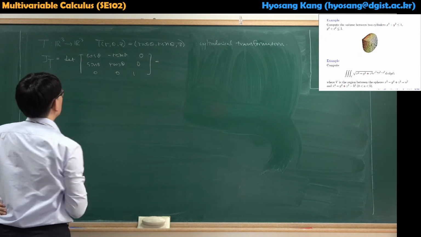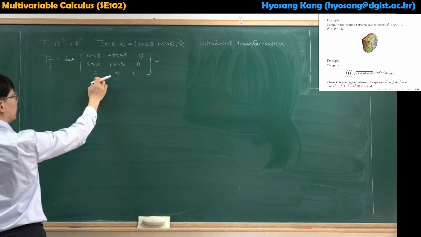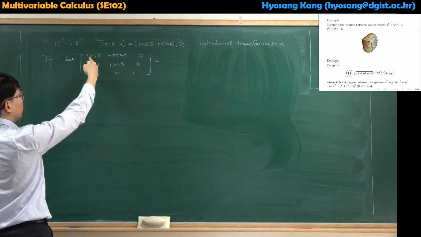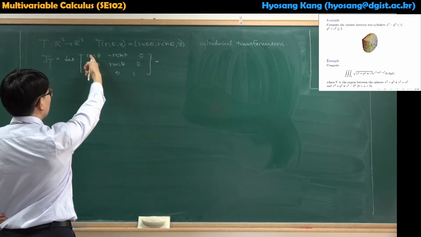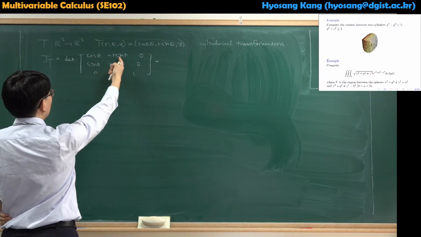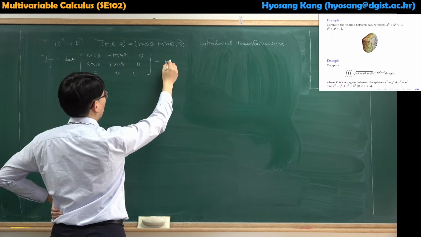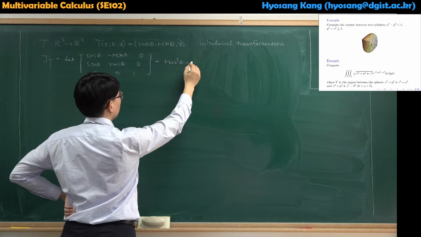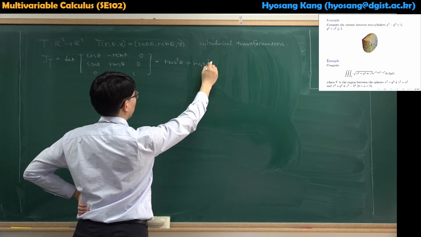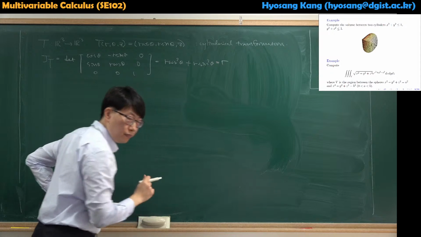When you take the determinant, because of the 0, 0 here, the only terms that survive are cosine times r cosine and sine times minus r sine. So we get r cosine squared plus r sine squared. So this is just r.